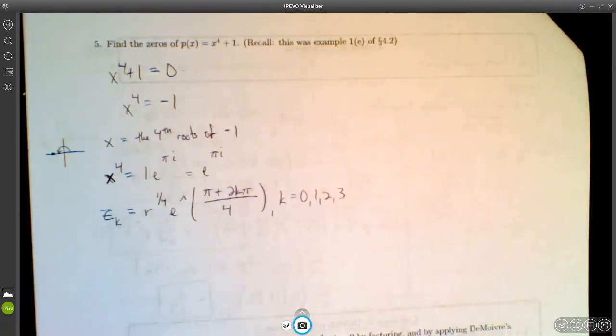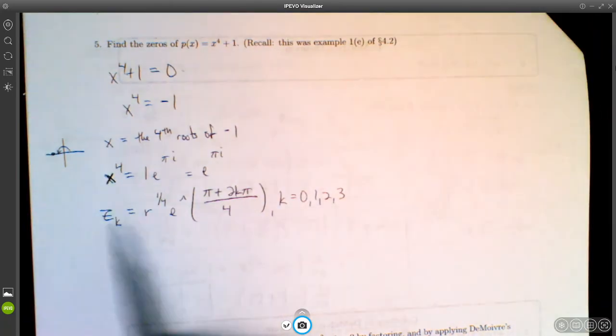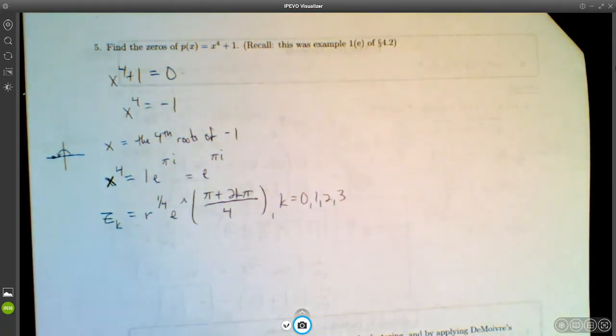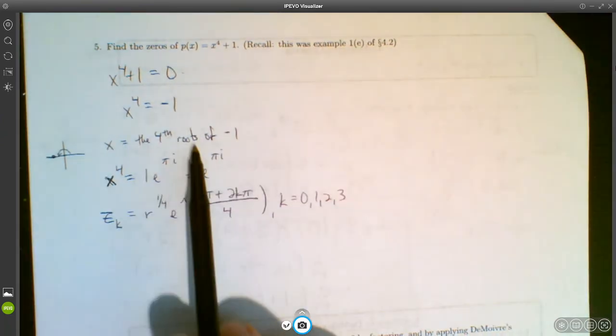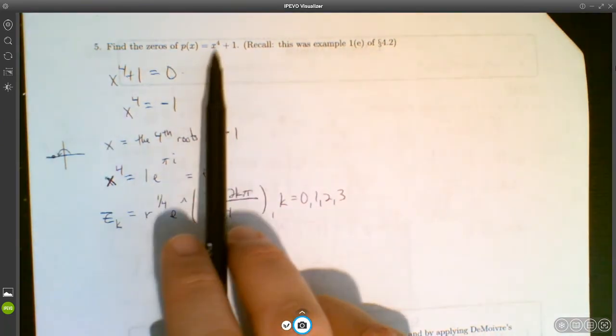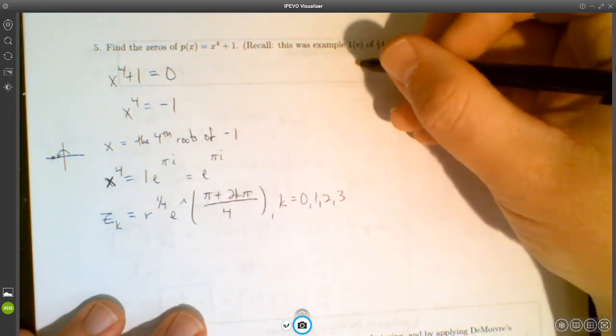We stop at 1 less than n. So this is the rule that generates the 4th roots of negative 1, which are going to be the zeros of this polynomial, okay? So let's see what we get.